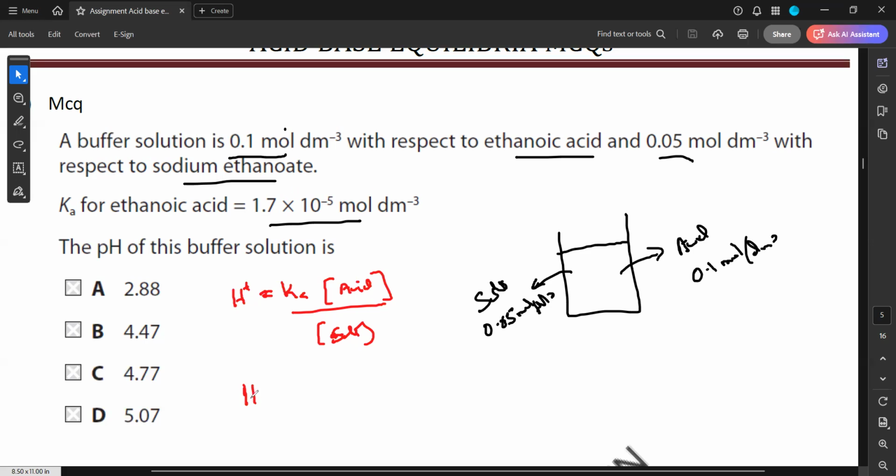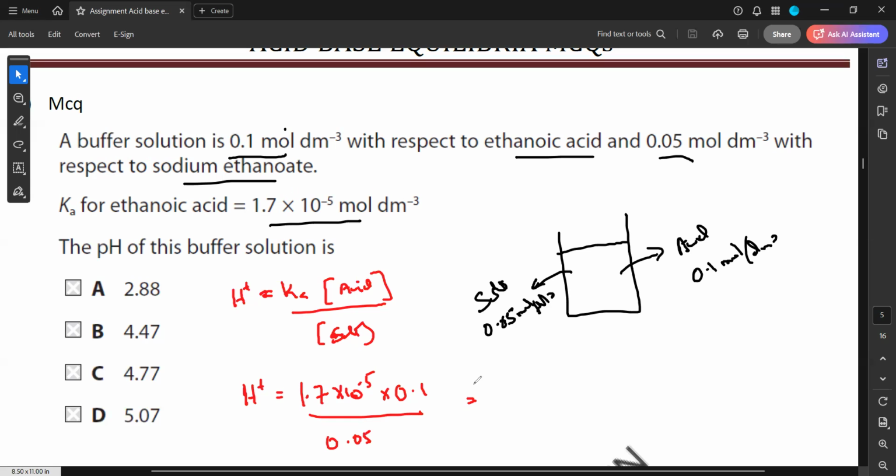The H plus concentration is 1.7 times 10 to the power minus 5, the dissociation constant, times the acid concentration 0.1, divided by the salt concentration 0.05. When we simplify, this will give us the hydrogen ion concentration.